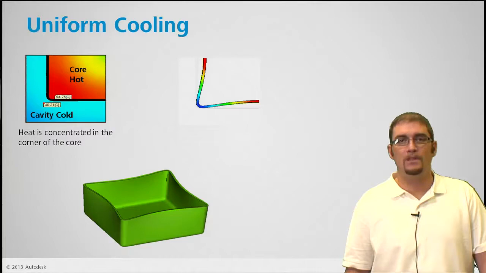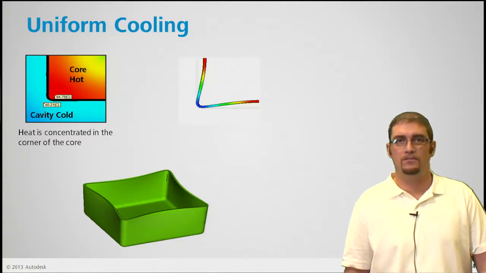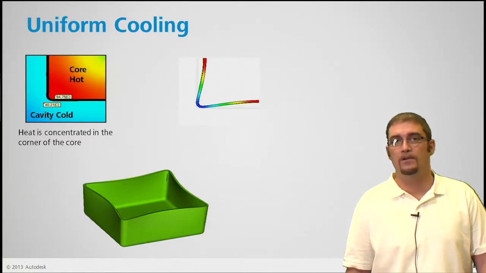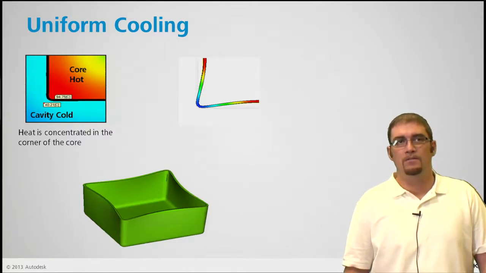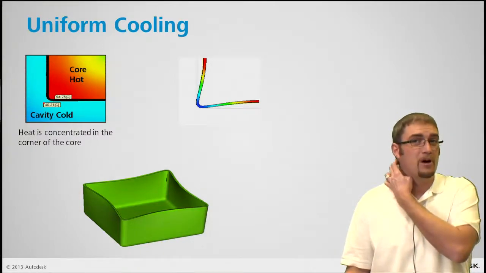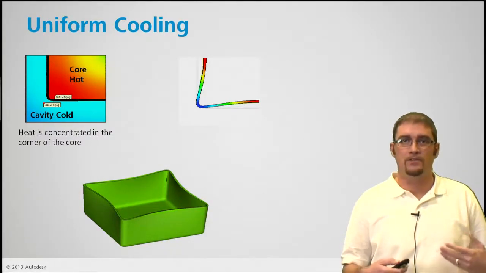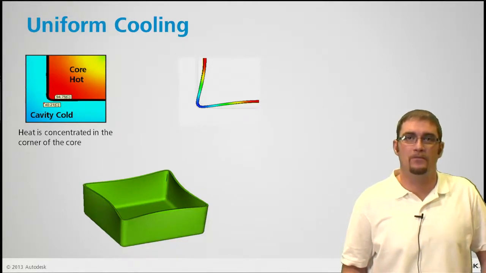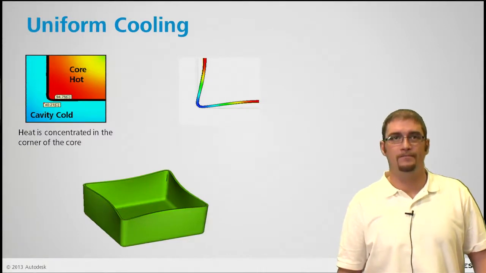And what that'll do is the inside corners will shrink a little more and cause those edges of the box to bow inward. So in this case, we need to maybe add additional cooling in that core, think about a beryllium copper insert possibly, but simulation again is going to give you a chance to experiment with this and figure this out hopefully before you cut your steel.